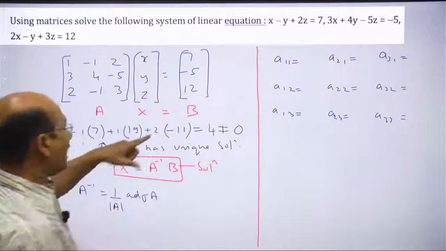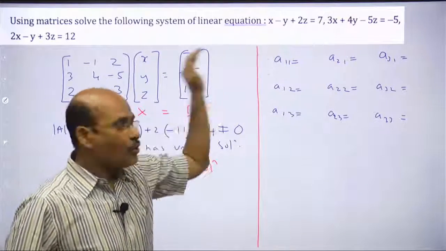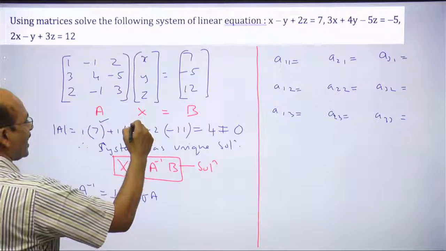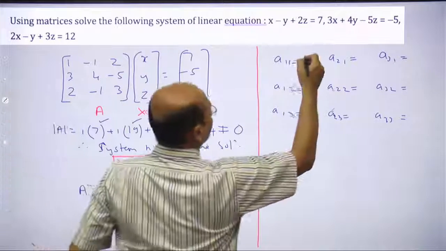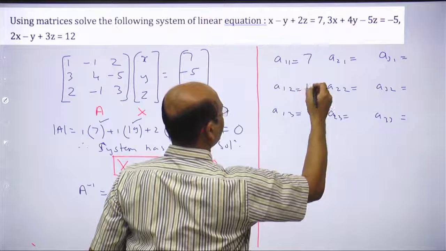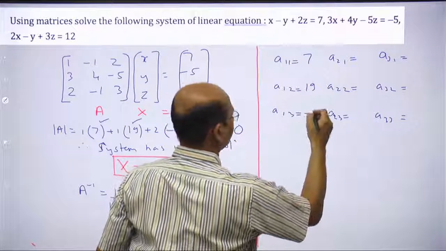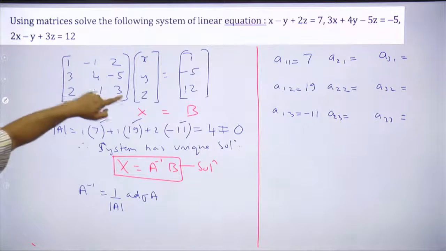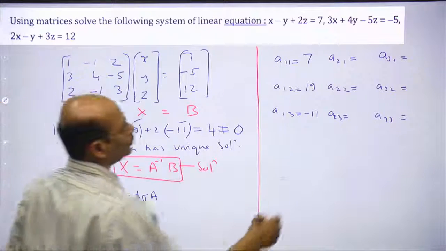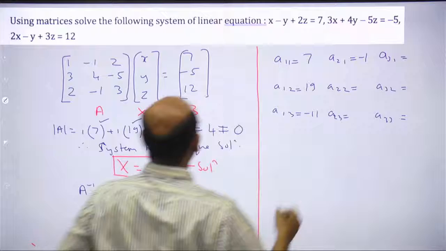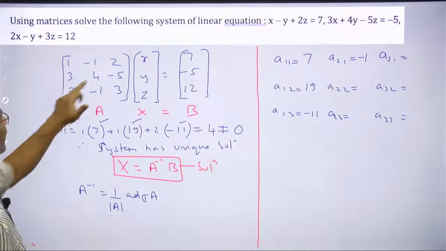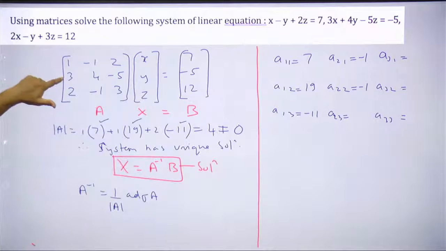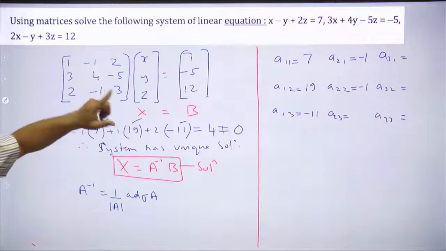Okay, now remember I will tell you the first row, that means the first column elements I already have, that is 7, 19 and minus 11. Then start with 2, 1. 2, 1 is here, minus 3 plus 2 is minus 1.